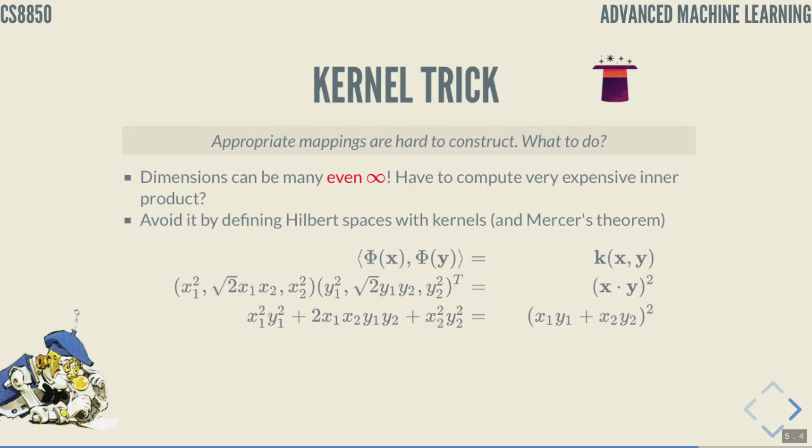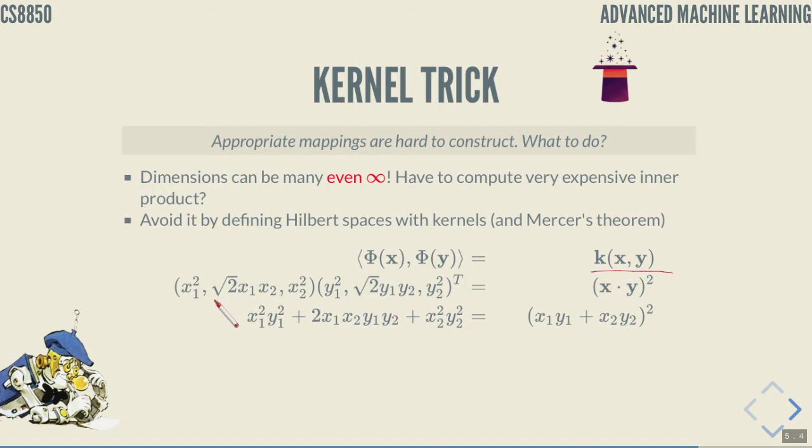So a Hilbert space is a linear space that basically has an inner product defined. So what we can do is just define the inner product instead of defining the mapping. For example, our kernel is an inner product of the feature-mapped vectors, but we can use our polynomial feature map, first map the vector x and then map the vector y, and then compute their inner product.